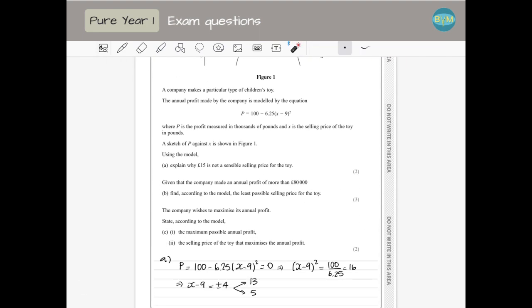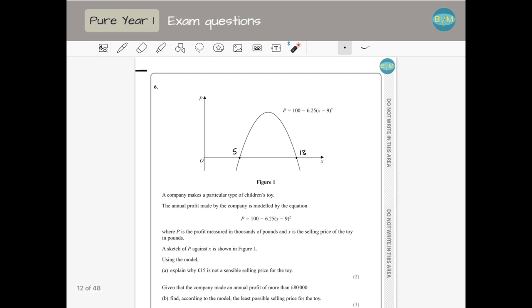Then, given that the company made an annual profit of more than £80,000, find according to the model the least possible selling price for the toy. If you see the quadratic, this is written in completed square form, which means our maximum is when x is 9 and the profit is going to be 100.